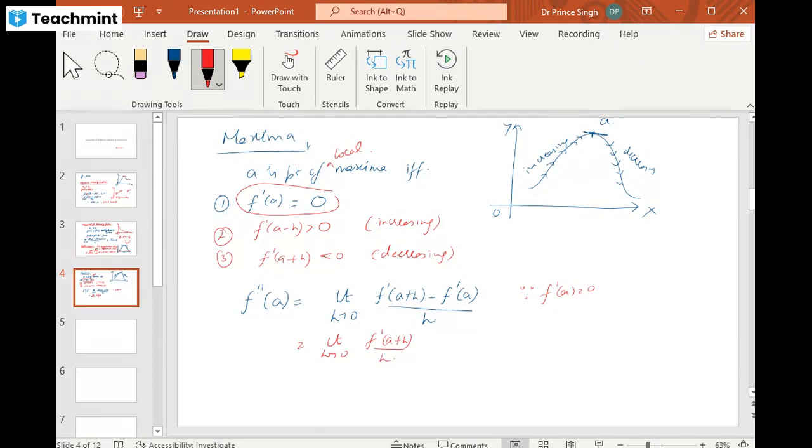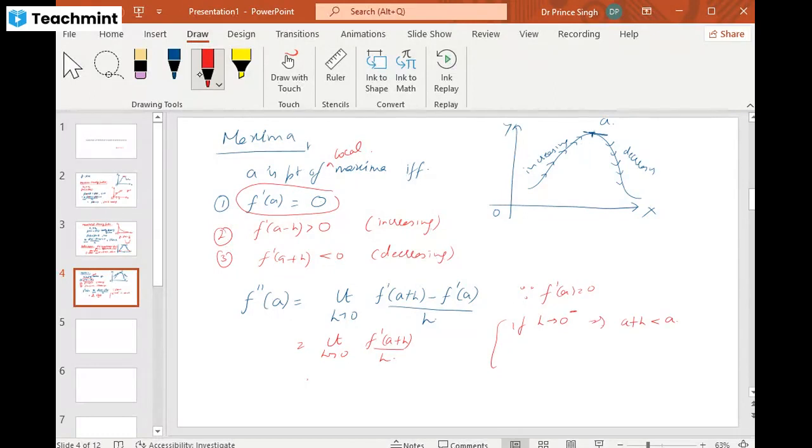The condition is that in the left neighborhood of the point, it should be greater than 0, and in the right neighborhood of the point, it should be less than 0. This is the condition of maxima. So if h tends to 0 from negative, meaning it is on the negative side, then a plus h is less than a.